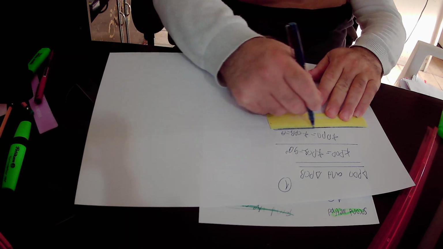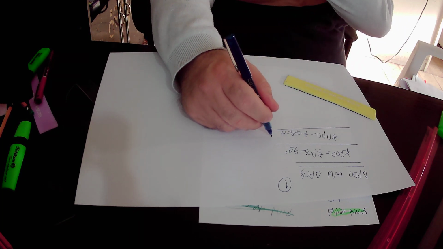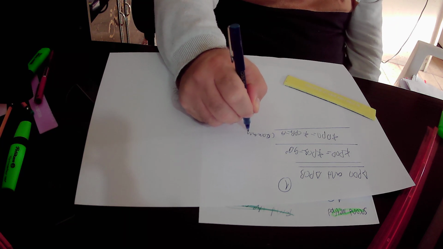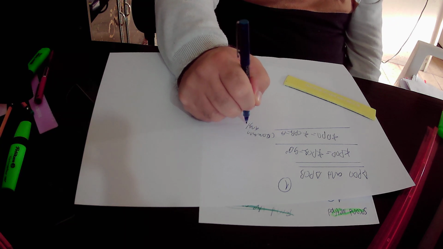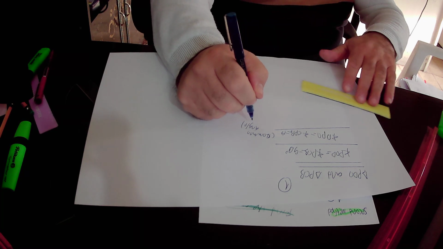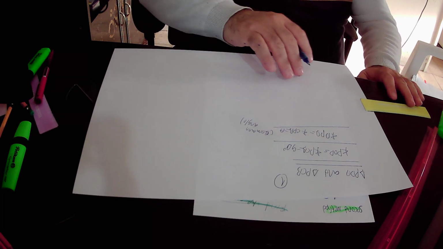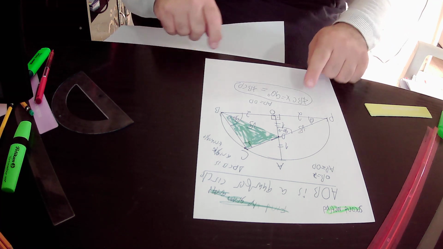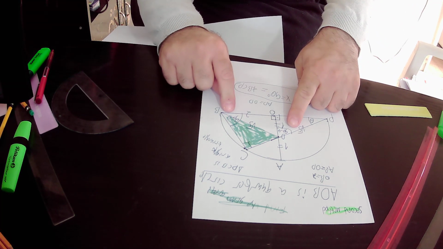It is a common angle that belongs to both triangles. And finally, we have those two angles that are both equal to 90 degrees minus theta, therefore they are equal to each other.